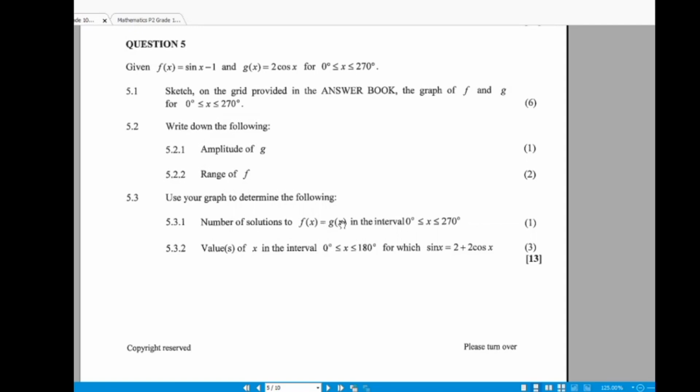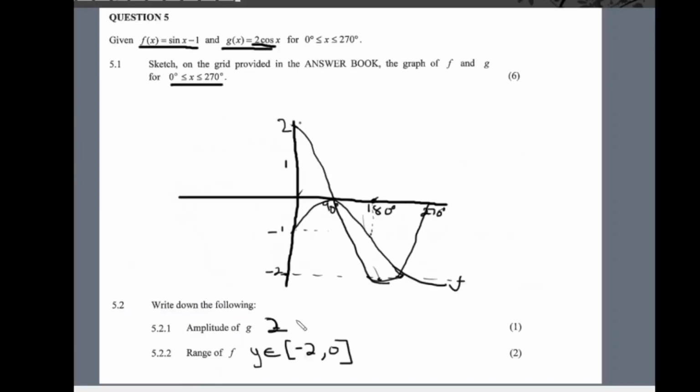When f of x is equal to g of x, those are the points of intersection. So they want us to count the points of intersection of these two graphs in this interval of x between 0 and 270, right? So now going back to our sketch, we see the graphs intersect here when x is 90, and then they intersect here when x is between 180 and 270.